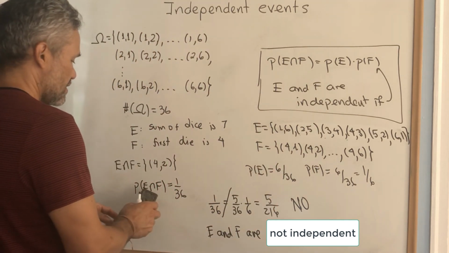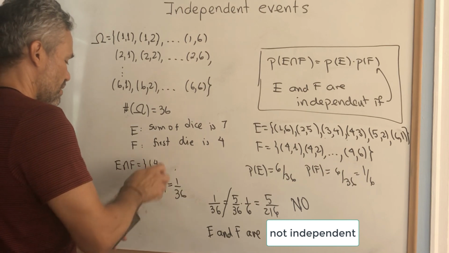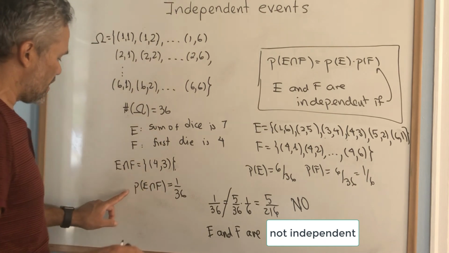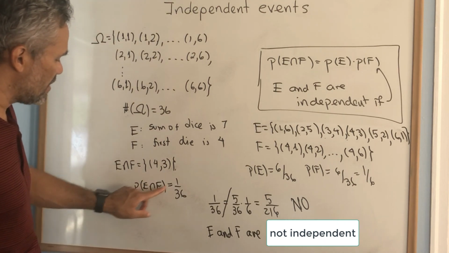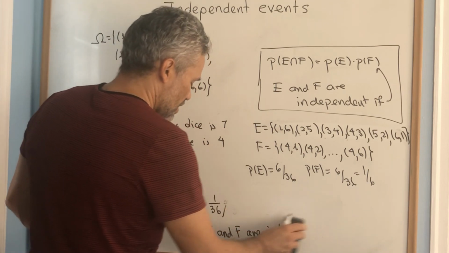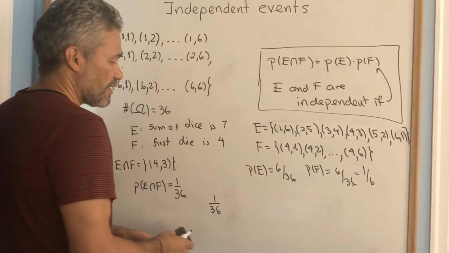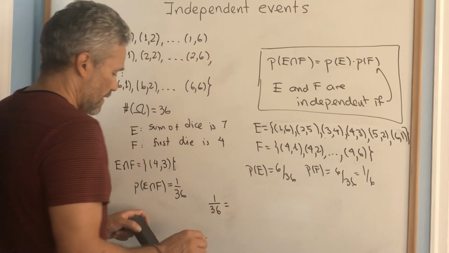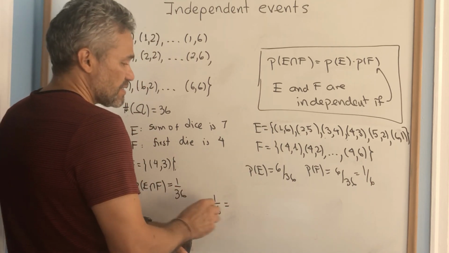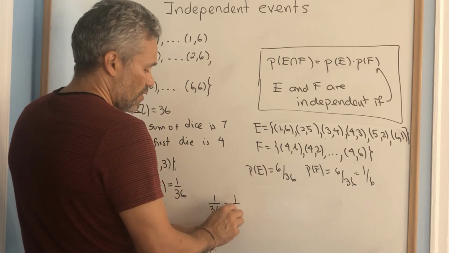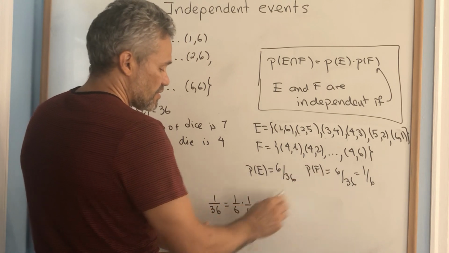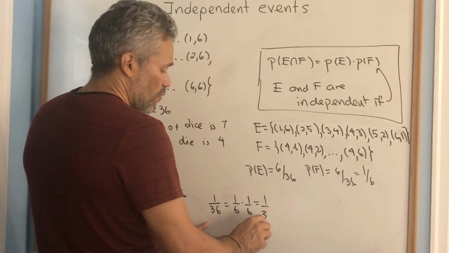And the intersection would have been 4,3, which has probability 1/36. And in this case, if we want to check if the two events are independent or not, we have to check if 1/36 is equal to 1/6, which is the probability of E, times the probability of F, which is 1/6, and this is 1/36.